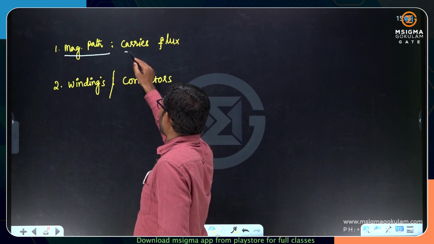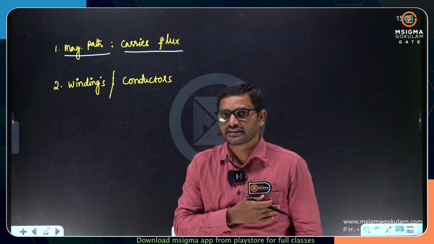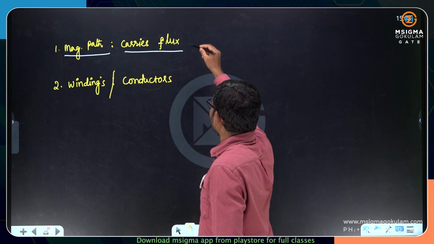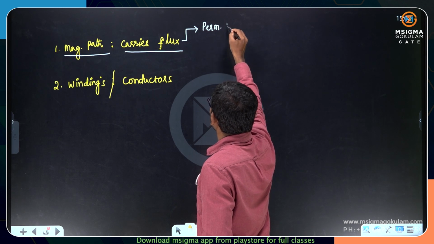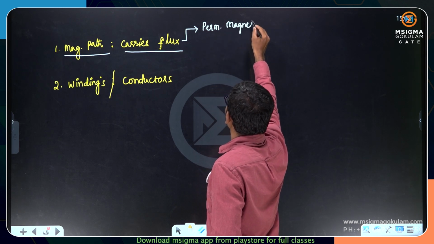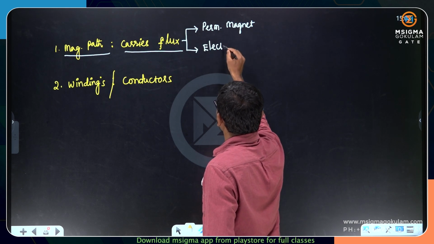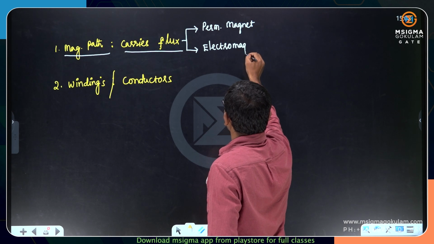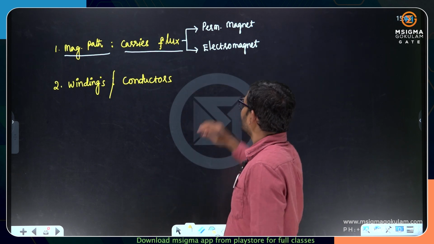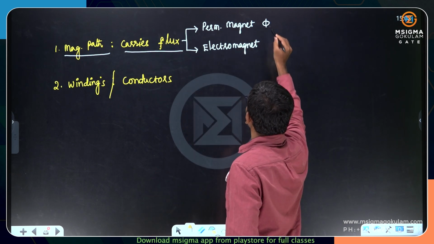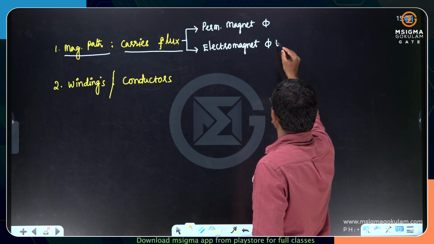magnetic path's purpose is to carry the flux lines. Who will produce the flux lines? There are two sources. The flux lines can be produced by the help of a permanent magnet and an electromagnet. Here, the permanent magnet flux is just phi, and the electromagnet flux I can take as phi of t.